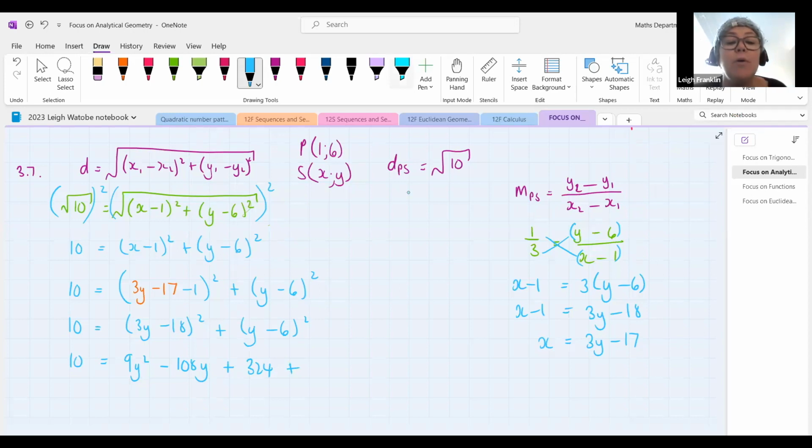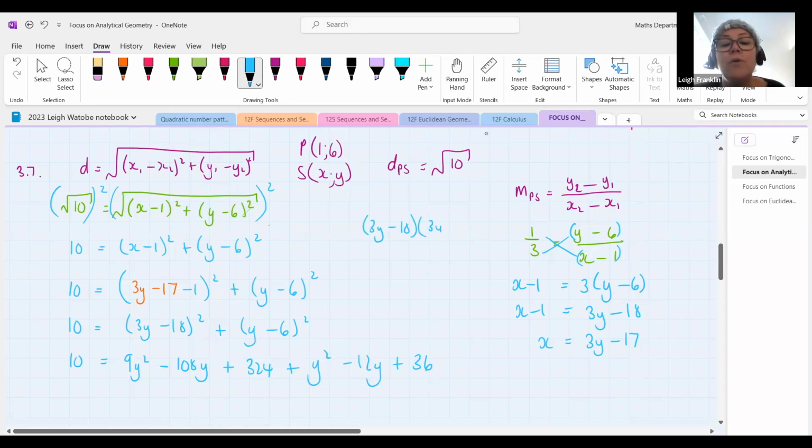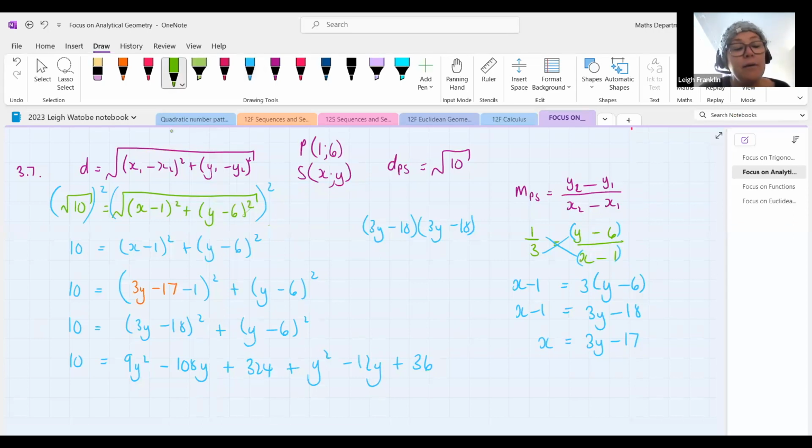Does that make sense to everybody? Okay, Rosaria, I'm just multiplying 3y minus 18 with 3y minus 18. I'm doing FOIL. What I've underlined in green is what I would get from FOIL, Rosaria.